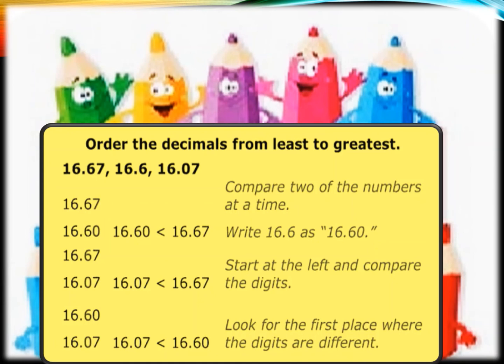Which is the least number? 0.60 and then after that 16.67. In this way, start at the left and compare the digits. Now look at the first place where the digits are different. So 16.07, then 16.60, then after that 16.67 is the correct answer.